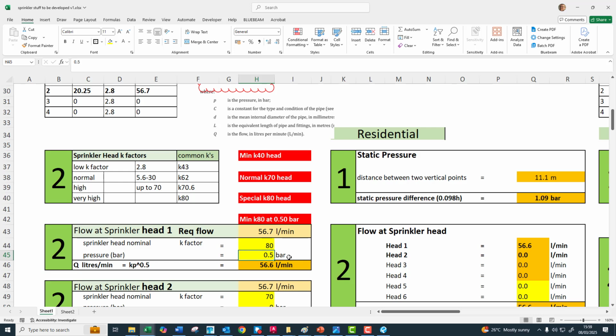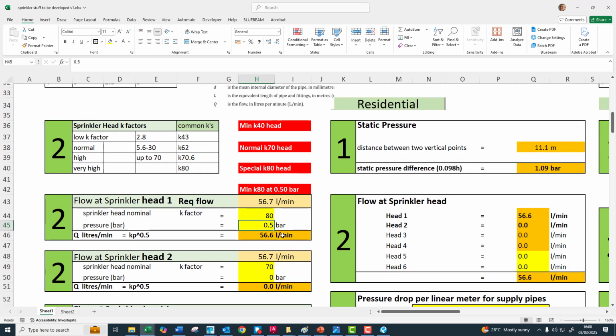The pump will deliver more water at a higher pressure than the minimum. So I wouldn't worry too much for such a small differential. If it was 60, I might say we need to do something about that.